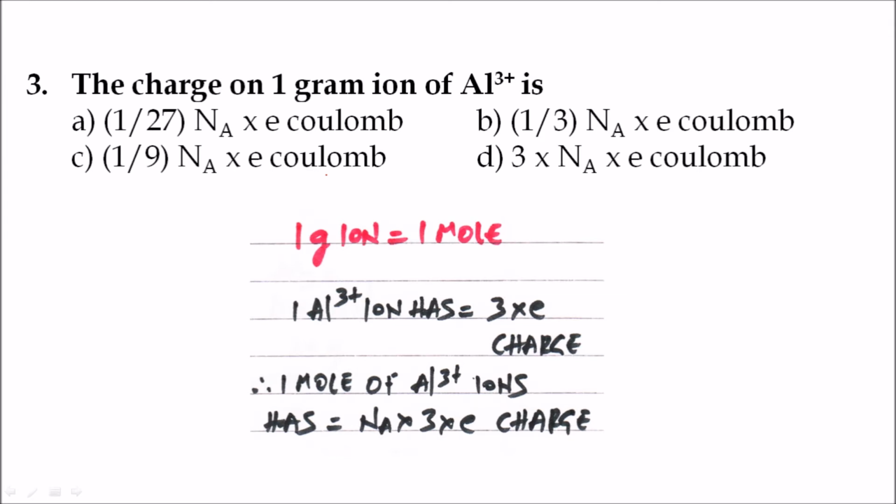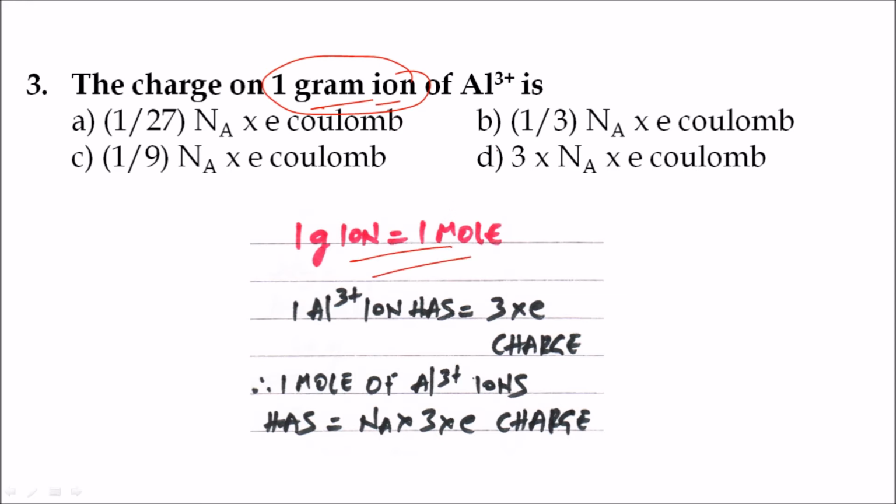The charge on 1 gram ion of Al3+ is... Be careful about what is mentioned in this question. It is given as 1 gram ion, not 1 gram of Al3+. We already know that 1 gram atom, 1 gram molecule or 1 gram ion is nothing but 1 mole of that substance.